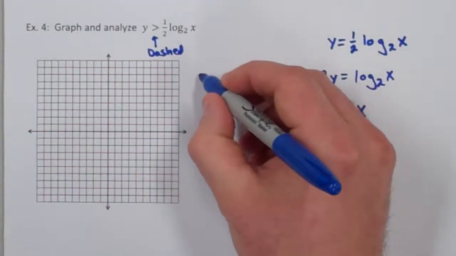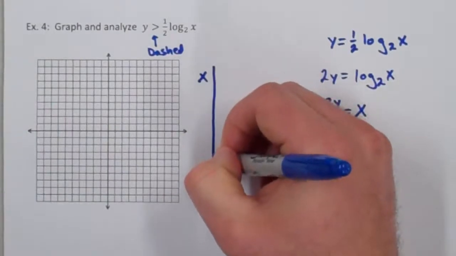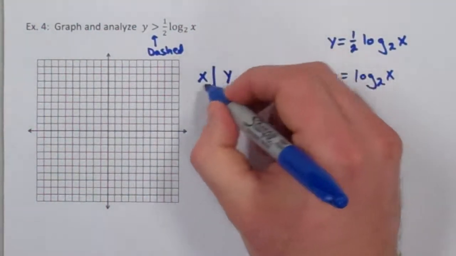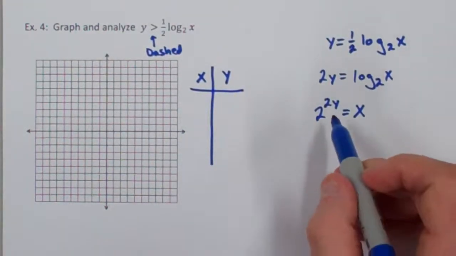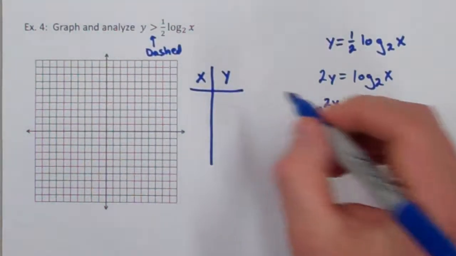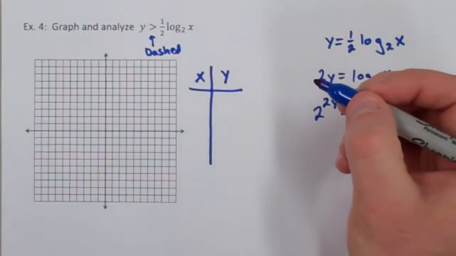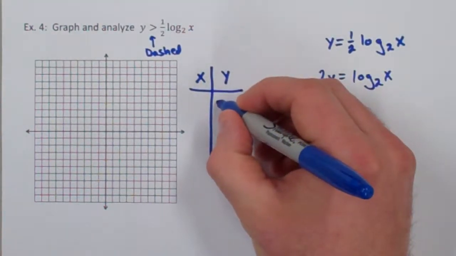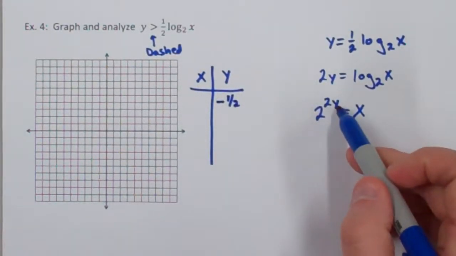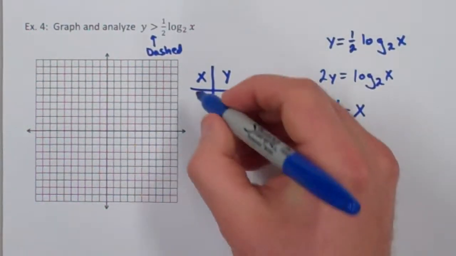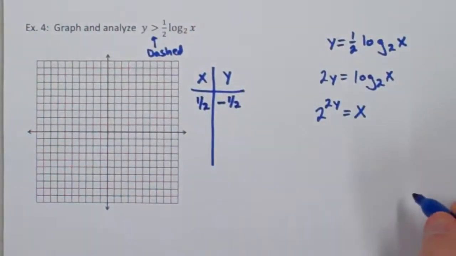and then x here would go off to the right hand side. So to make our t-chart, we've got y over here, and we can pick nice values to work with for y. How about let's go with negative 1/2. So if y is negative 1/2, 2 times negative 1/2 is negative 1, and 2 to the negative 1 power is 1/2.